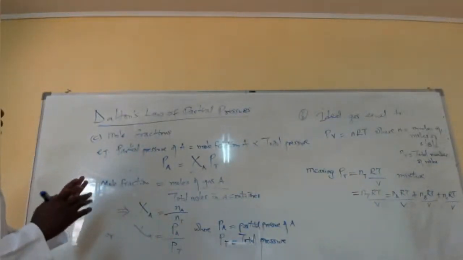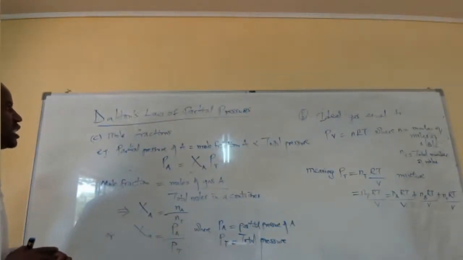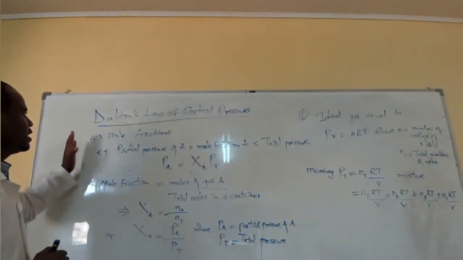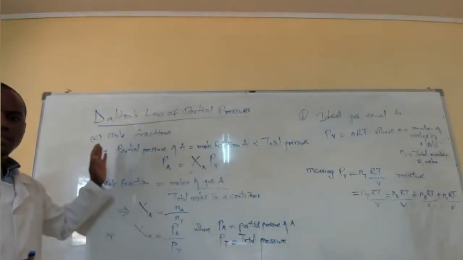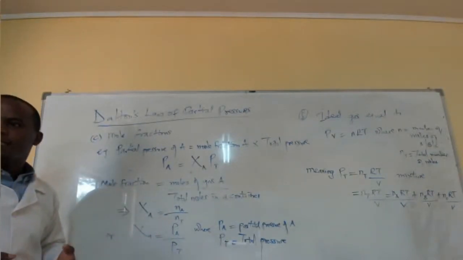So I've said there are three ways in which you can calculate the partial pressures of gases. One is to just use Dalton's law of partial pressures, which says the total pressure in the mixture is the sum of the partial pressures of the gases.